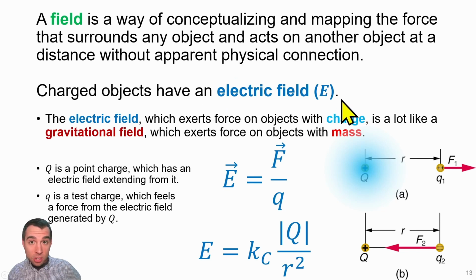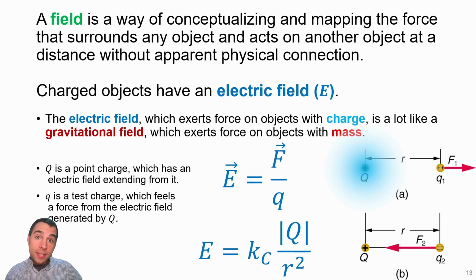Any charged object will have an electric field extending from it throughout all of space that will exert a force on other charged objects within the field. And so, if we just take that force equation that we originally had and we remove one of the charges, we get a new equation for the electric field generated by just one charge off on its own in space.